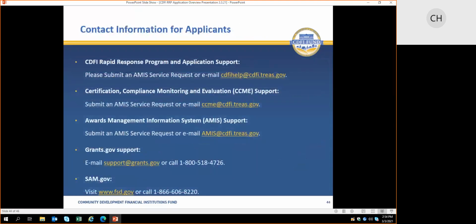So on the screen, I've got some contact information. You'll see our email addresses for AMIS IT support, programmatic support, compliance support. But one thing that I really want to reiterate, the easiest and the most efficient way to contact and interact with us is through a service request that you can submit via your organization's AMIS account.